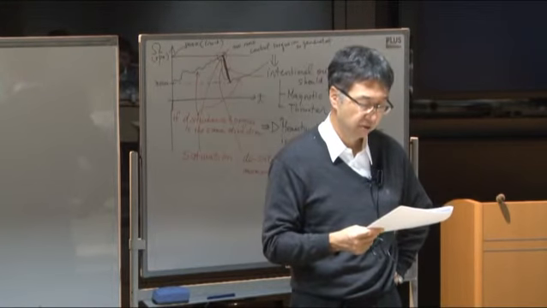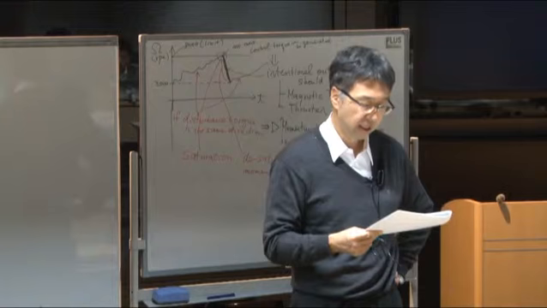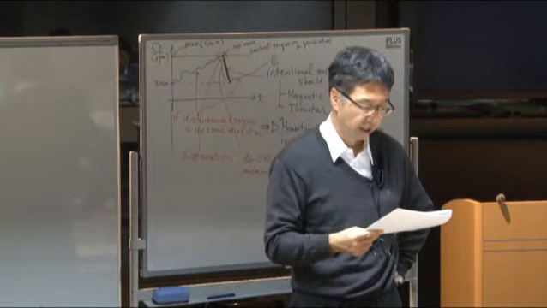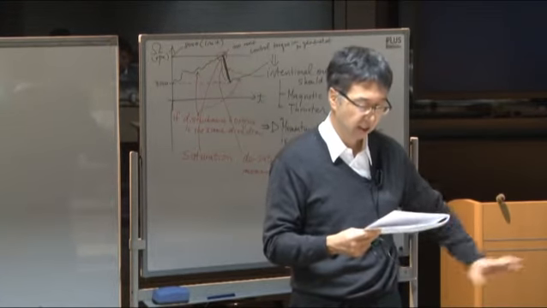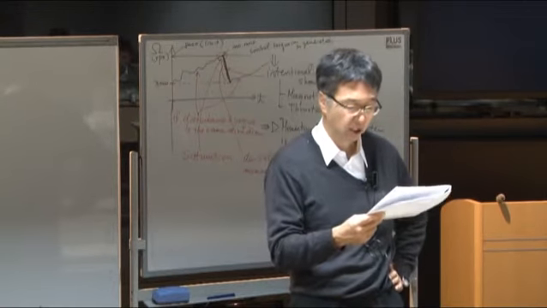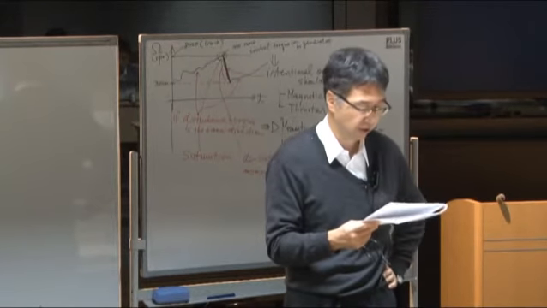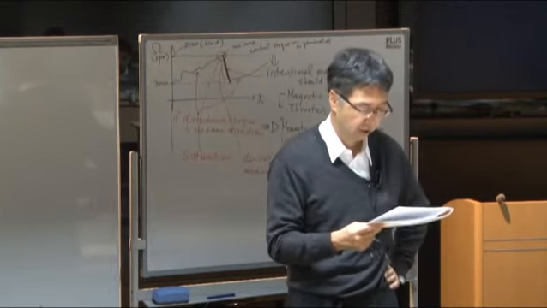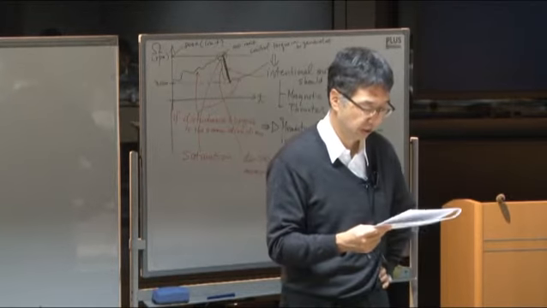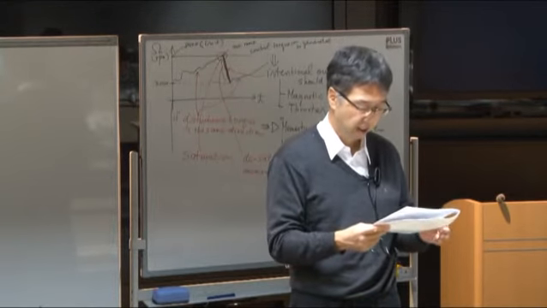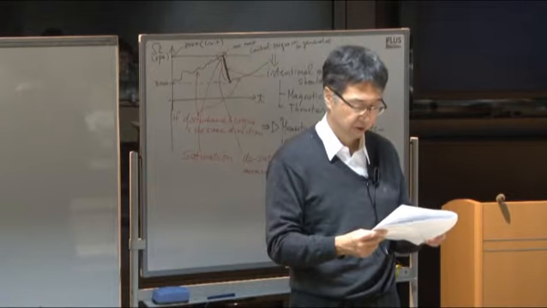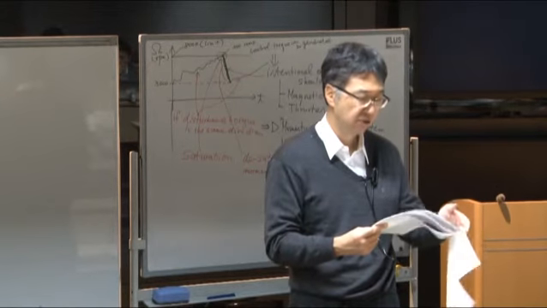So 19 is a sun sensor, and 20 is a sun sensor. Sorry, Earth sensor. So this is a case for the spinning satellite. Okay, and please go to the next page.